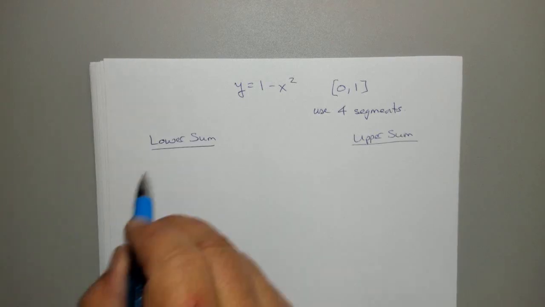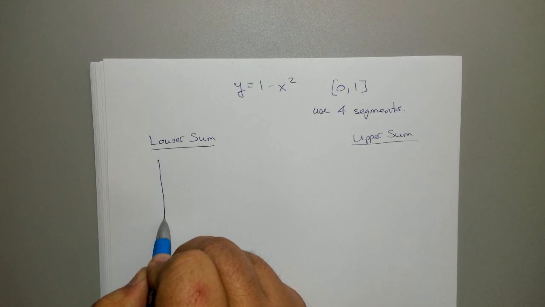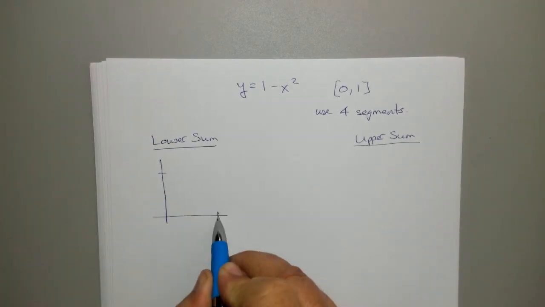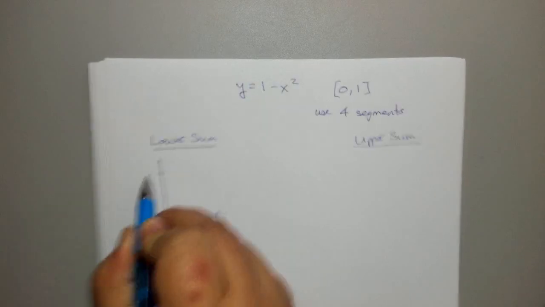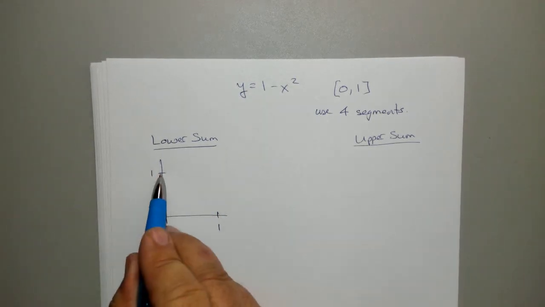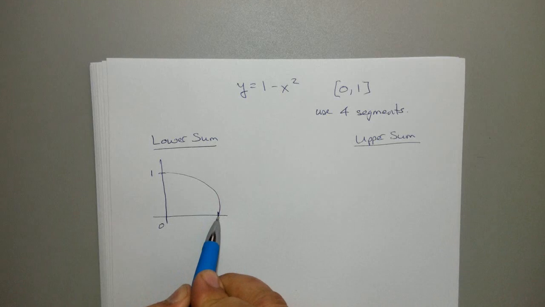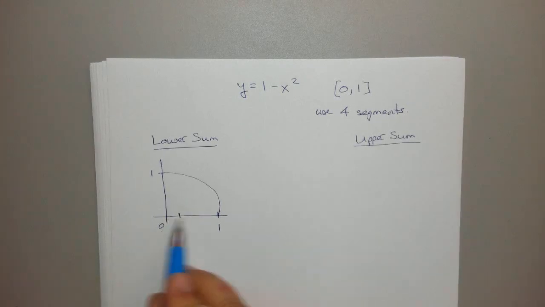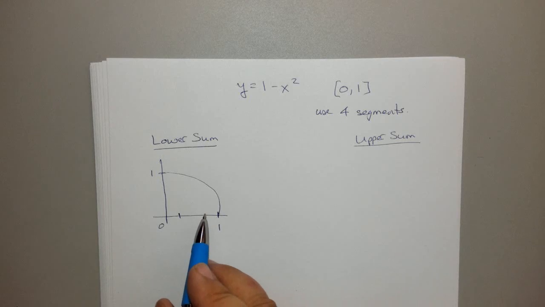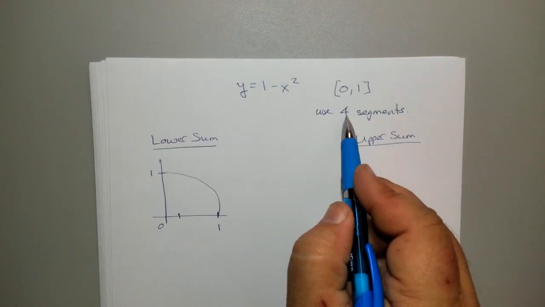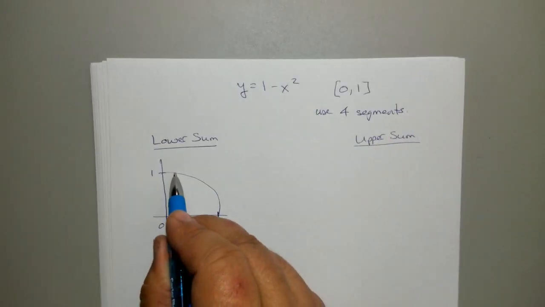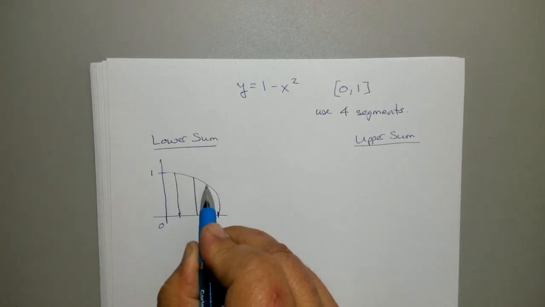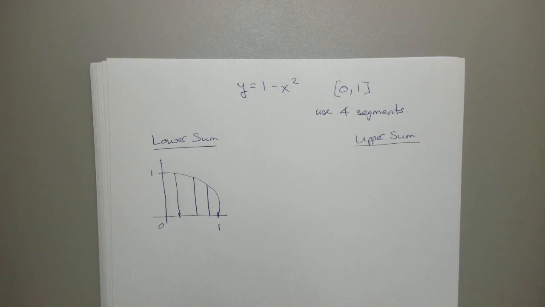Let me help you get started here. So, always draw your picture. Our bounds are between 0 and 1. I take 0 to 1 and divide it by 4. Have 4 equal segments.